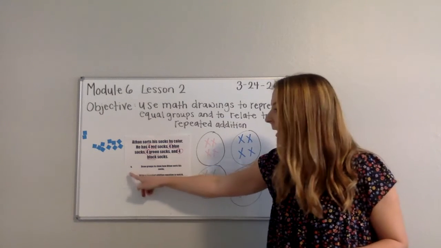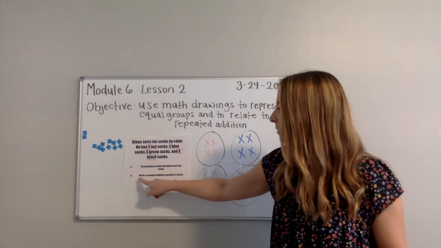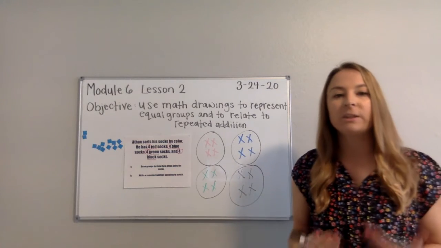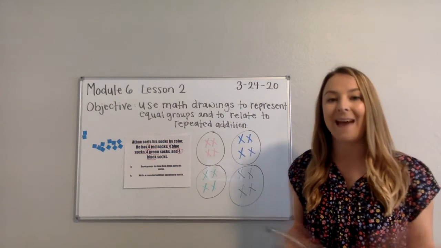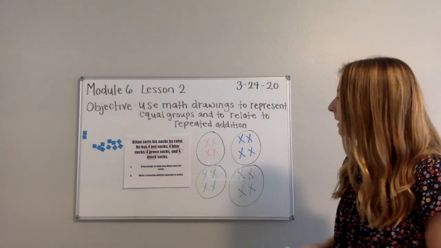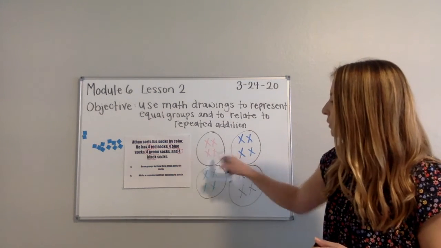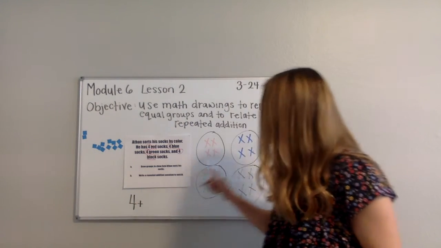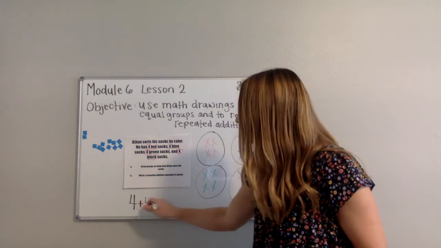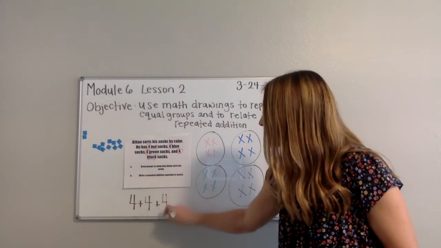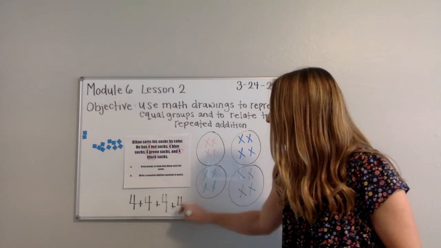That was part A. Part B is asking me to write a repeated addition equation to match. My goal is to figure out how many socks Ethan has in all based on the way he's arranged his socks. So looking at my first group, or Ethan's first group of socks, he's got 4 red, plus the 4 blue plus the 4 green plus the 4 black.